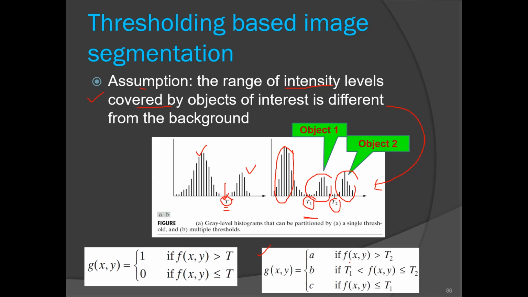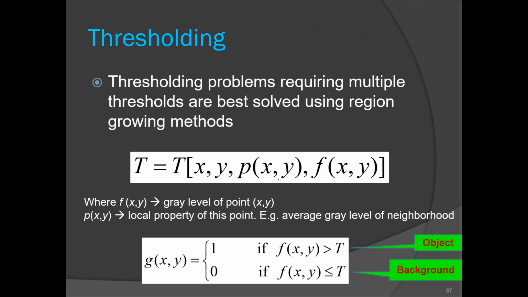If the value of the current pixel is greater than T2, we assign the value a, and if it is between these two thresholds, we assign the value b, and we assign the value c to our background. Generally we represent thresholding using this equation.